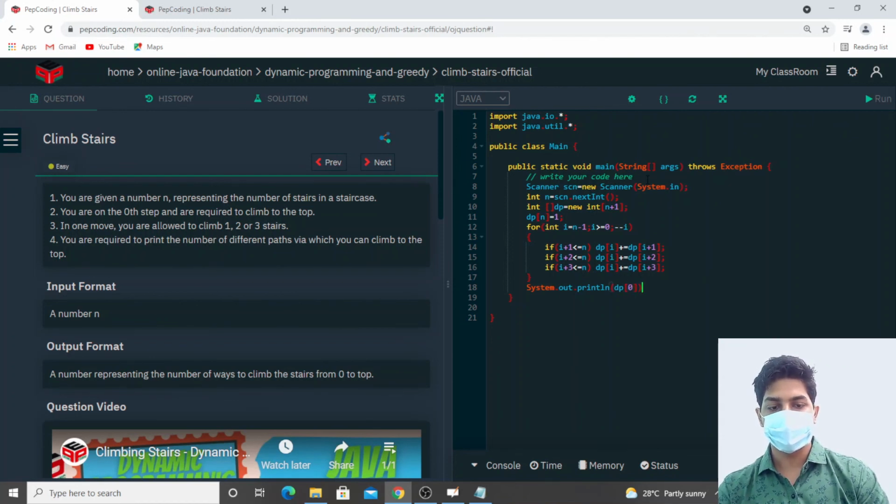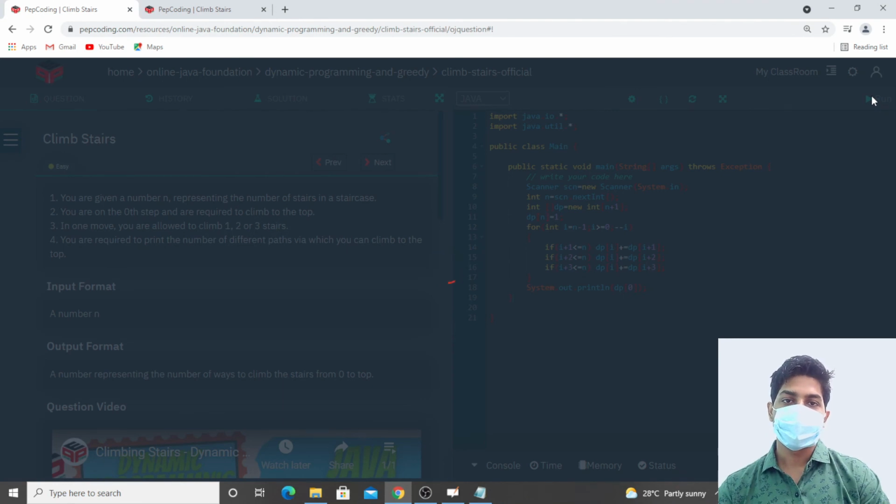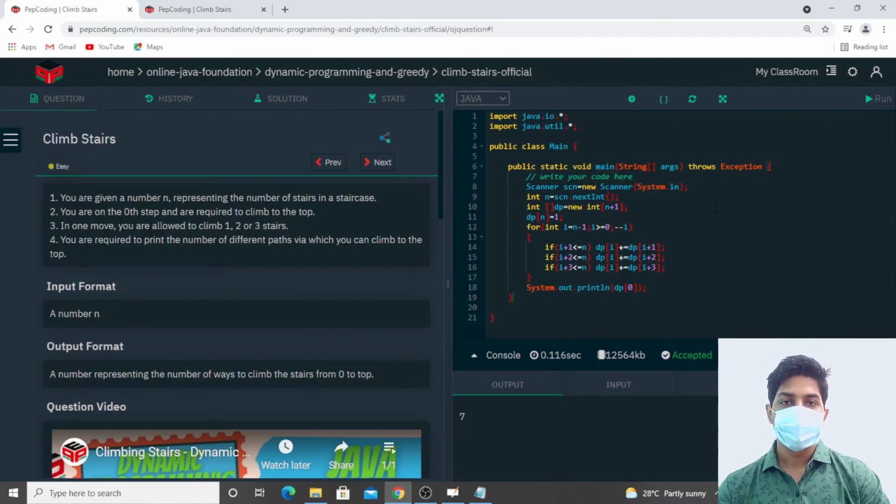I will print dp of 0. Let's check whether we have taken the input and written everything correctly or not. Seems like we have written everything correctly. Now let's try to run it. Let's see whether we have written correct code, whether our intuition was right or wrong. It is accepted.